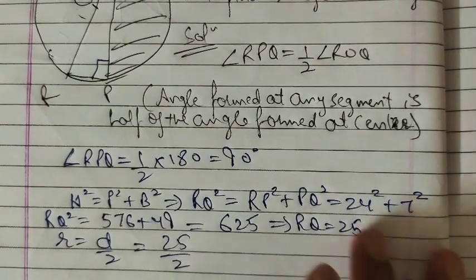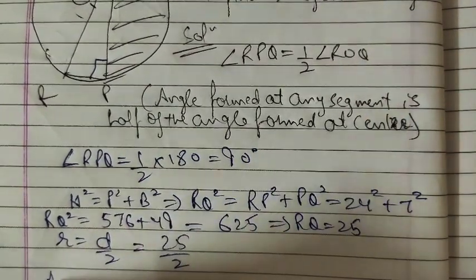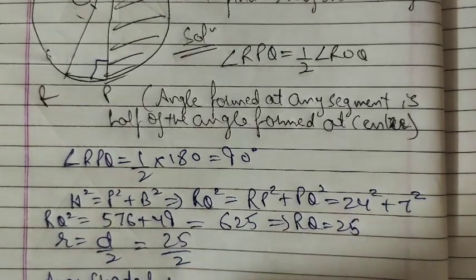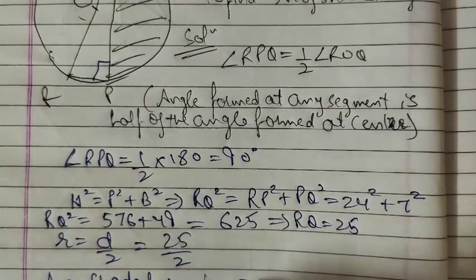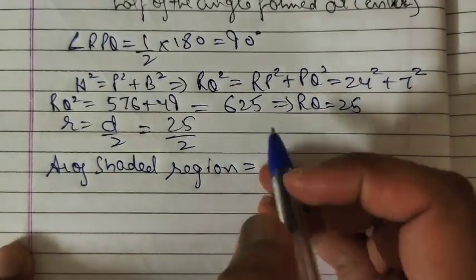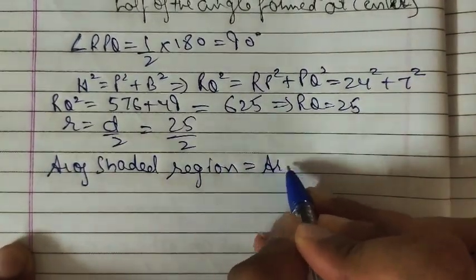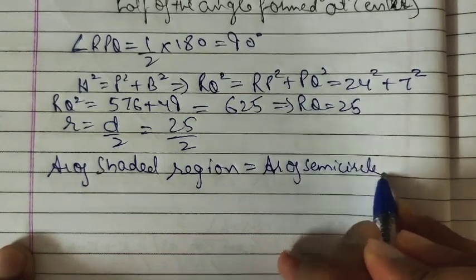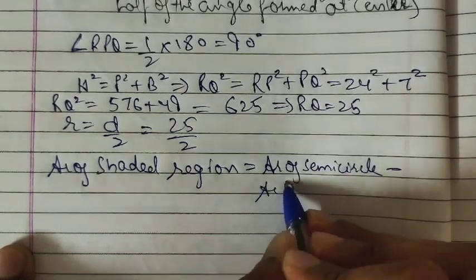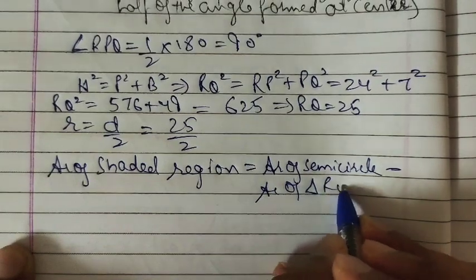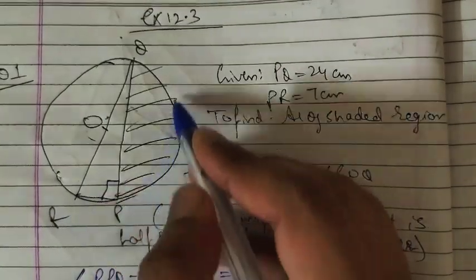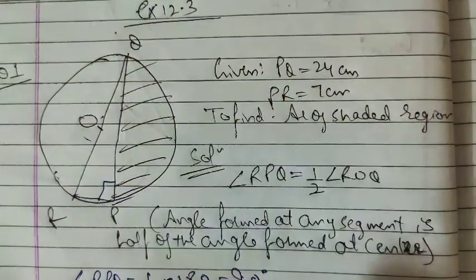Now let's apply area. We have to find out the area of the shaded region. So the area of the shaded region will be equal to the area of semicircle minus the area of triangle RPQ, right? Area of the shaded region will be equal to the area of semicircle minus the area of this triangle.